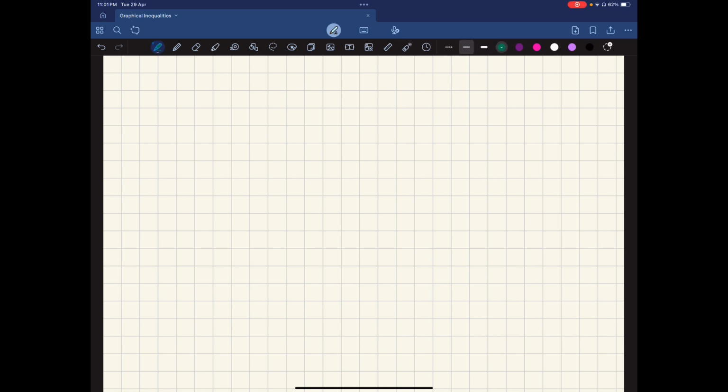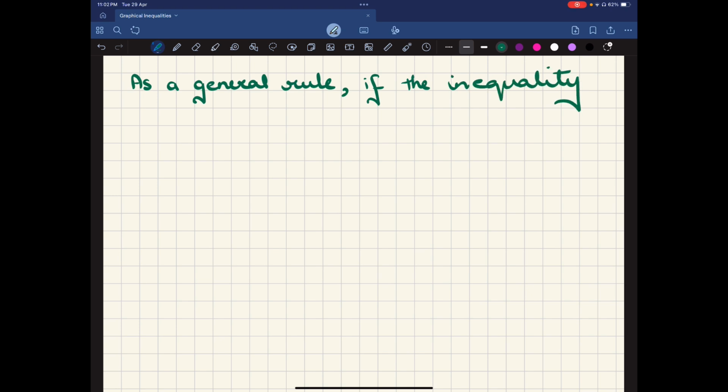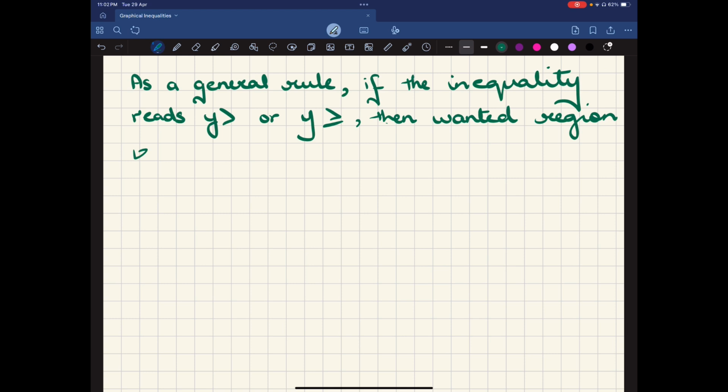Okay, as a general rule, if the inequality reads y is greater than or equal to, then the wanted region is above the line. Okay?